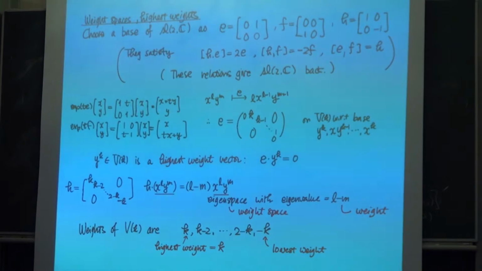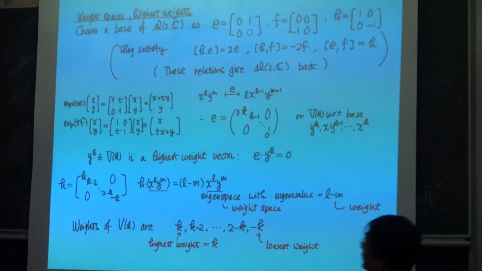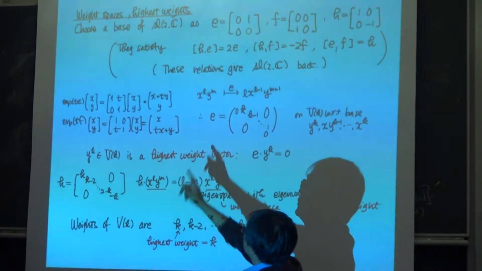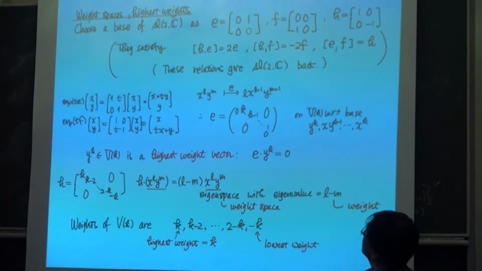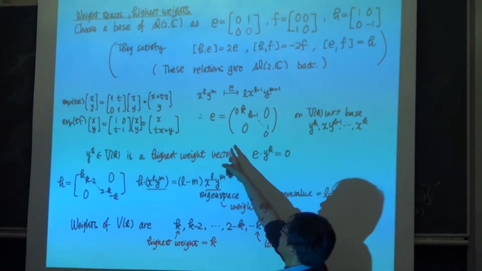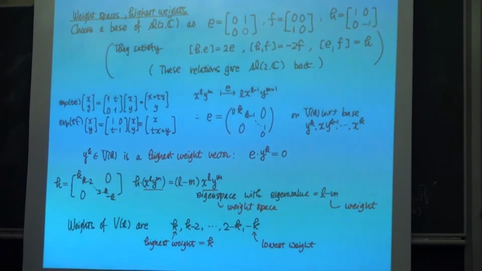Then you can compute the action of these elements on the space Vk just by differentiating the action of the Lie group. The exponential of tE is a unipotent matrix, and it naturally acts on the homogeneous polynomials in x and y. In that way, you can calculate the representation of E as a matrix of this form, which is again an upper triangular matrix.